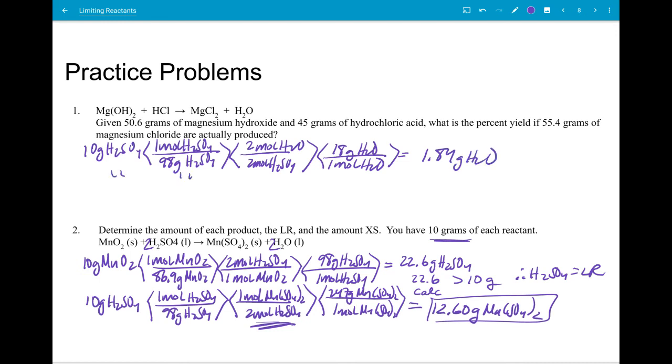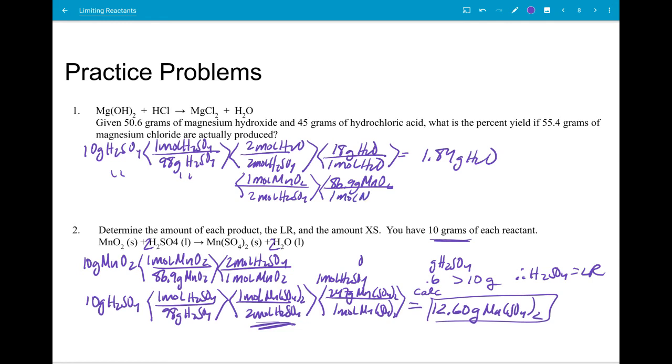This first part's going to be identical. I'm just going to try to save a little bit of time here. So the beginning would be the exact same, but this middle bracket's going to change, and this is to find our MnO2 reacted. Always check that your brackets are canceling.